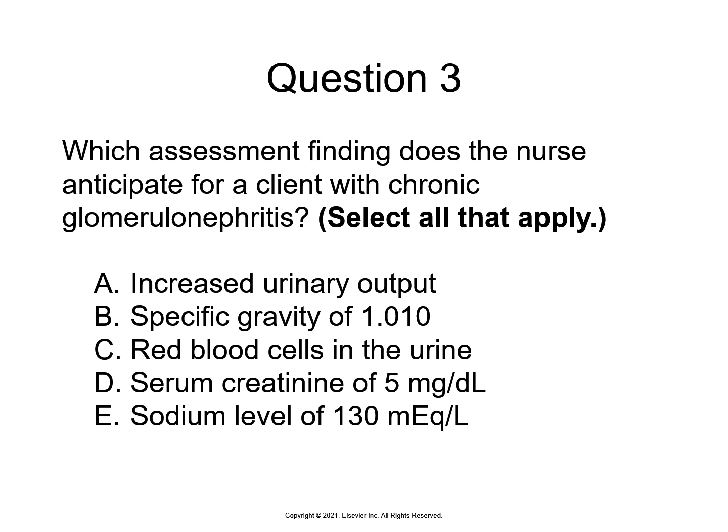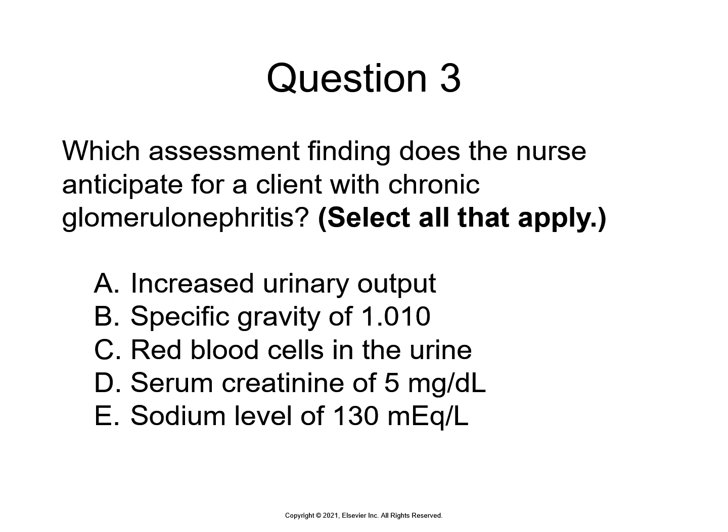Definitely, definitely. A serum creatinine level of 5 milligrams per deciliter? A sodium level of over 135 milliequivalents per liter? This is chronic glomerulonephritis.